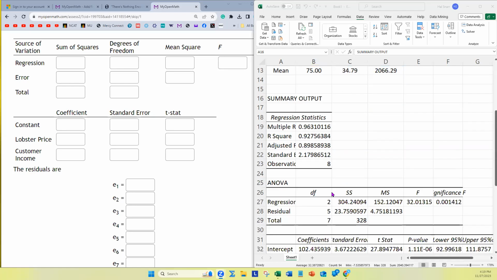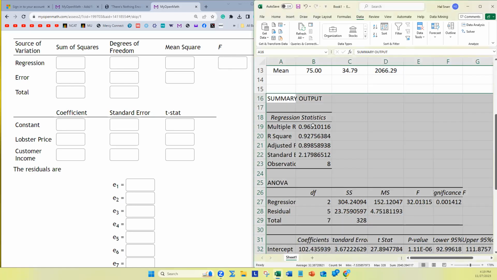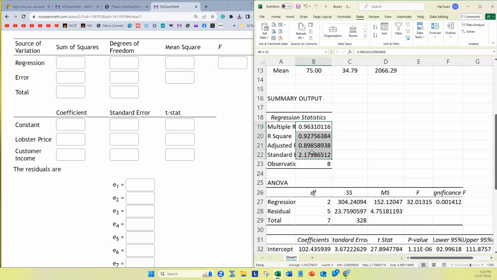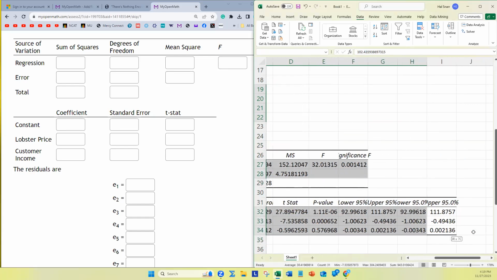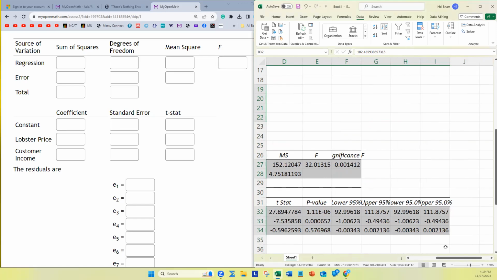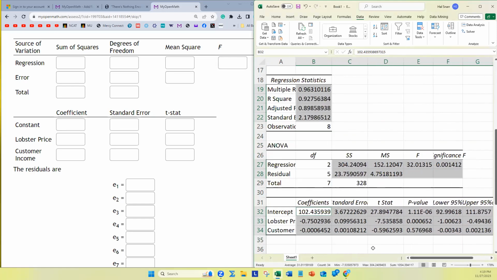Okay, so the next thing I want to do is I'm gonna click and hold and highlight all the decimal values in my table. Right now I'm holding down the control button. I'm gonna highlight these values and all these values. I'm gonna change the number of decimal places once for all of it, right?